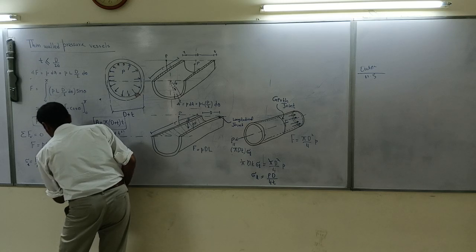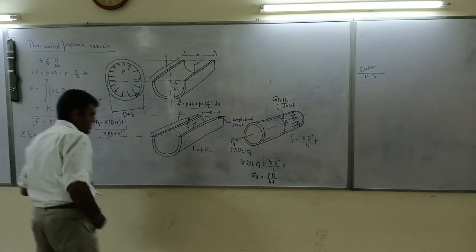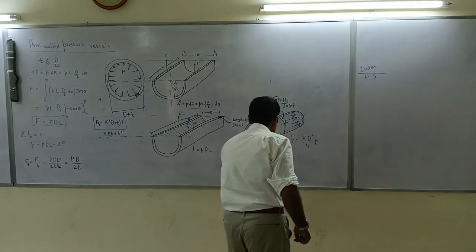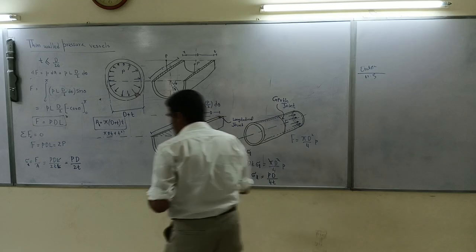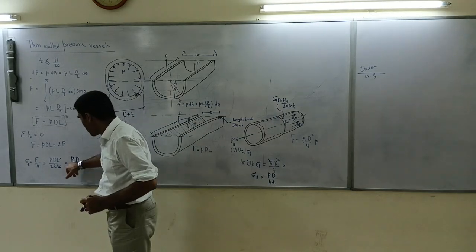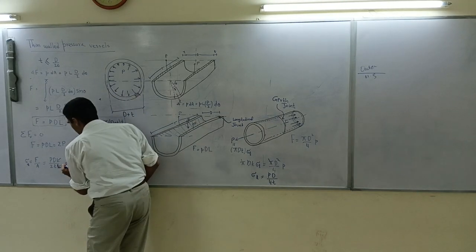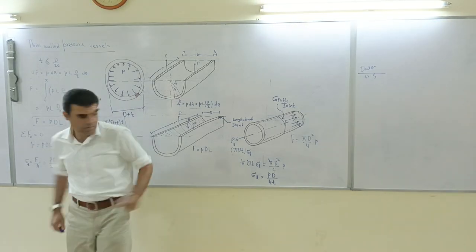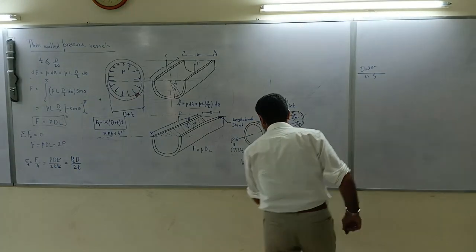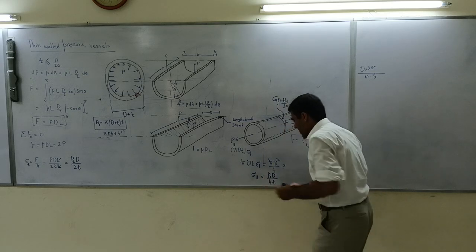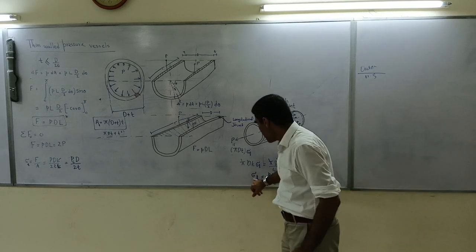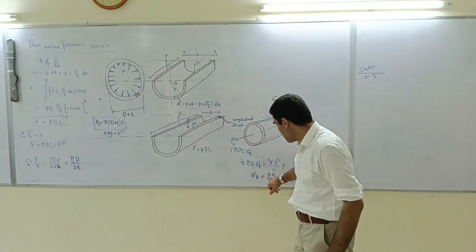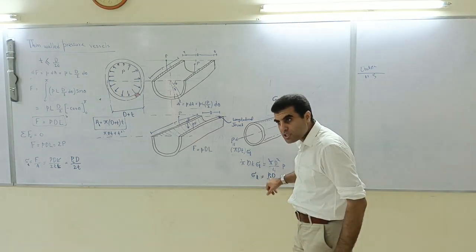Then this P, and this is P, which is a pressure. Okay, this is pressure, internal pressure. Or you can call it Pi, which means internal pressure. So the longitudinal stress comes out to be PiD by 4T.